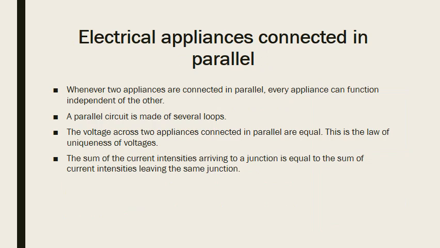Electrical appliances connected in parallel. Whenever two appliances are connected in parallel, every appliance can function independently of the other. So for example, here we have a battery, and it's got a switch, which is now going to be closed. We've got a lamp here, and another lamp here.